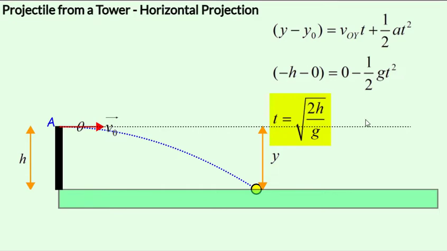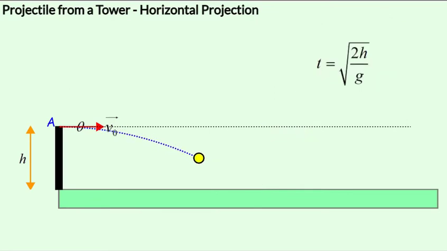Do you notice anything special about this time which we have derived as the square root of 2h over g? One interesting thing about it is that it is independent of the horizontal launch velocity, v0.